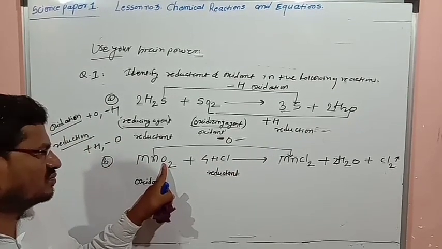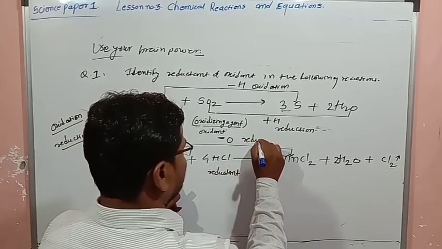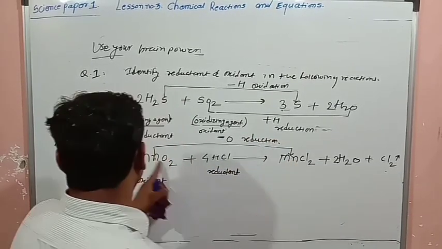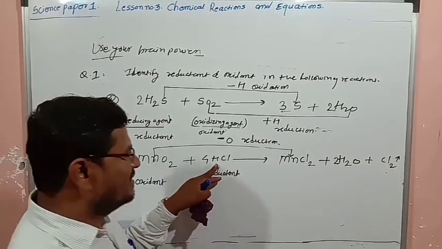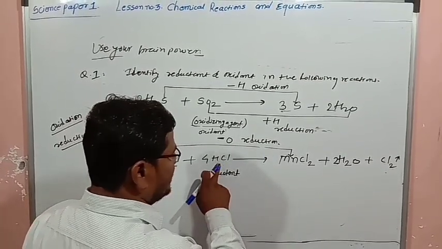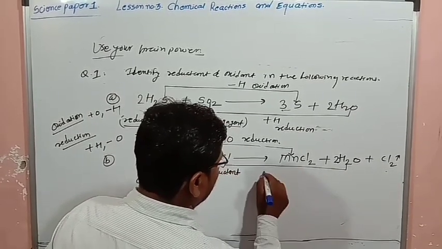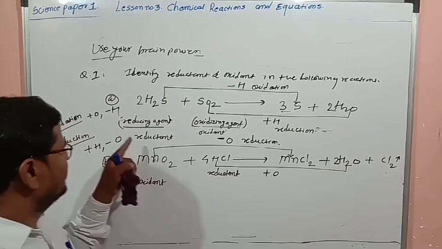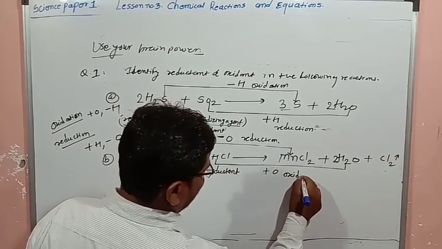Oxygen is removed. Minus O means reduction takes place. From HCl, the hydrogen, plus O takes place. That means addition of oxygen takes place. So here it is an oxidation reaction.